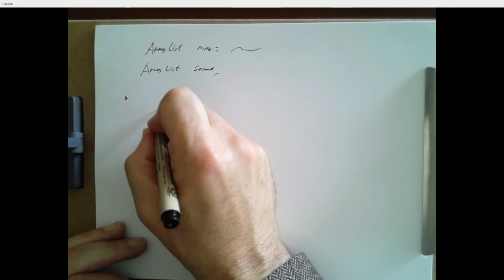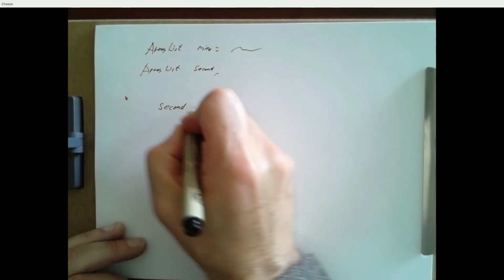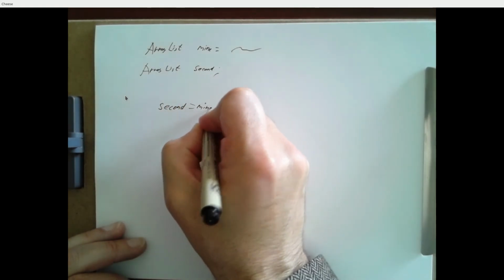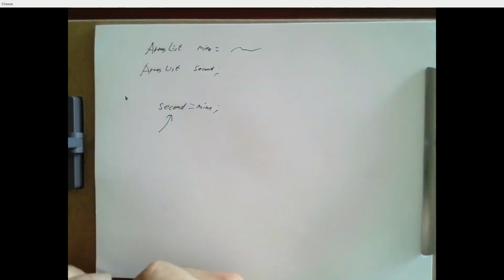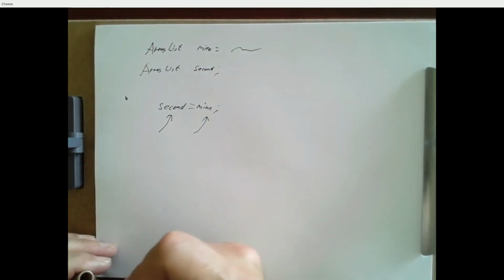And at some point, if you say second equals mine, and then you start doing things to this list, you're actually doing things to that list. They're basically pointers.